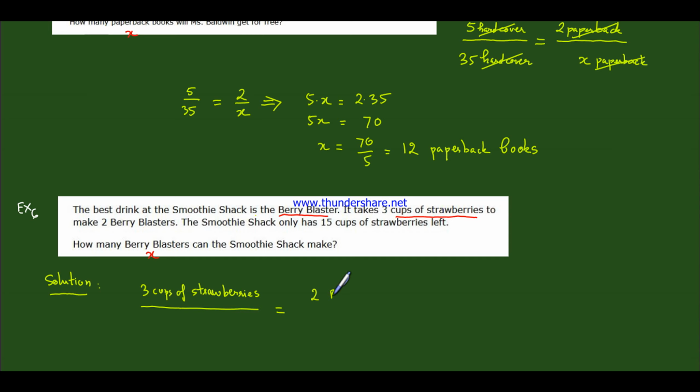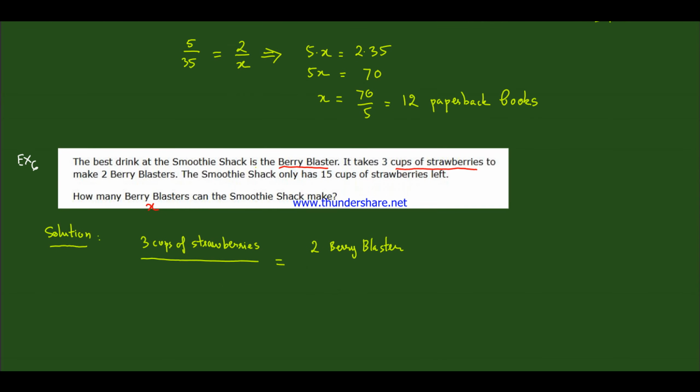So 2 berry plaster. Alright, that's how you set up proportion. And now we have what? We have 15 cups of strawberry left.